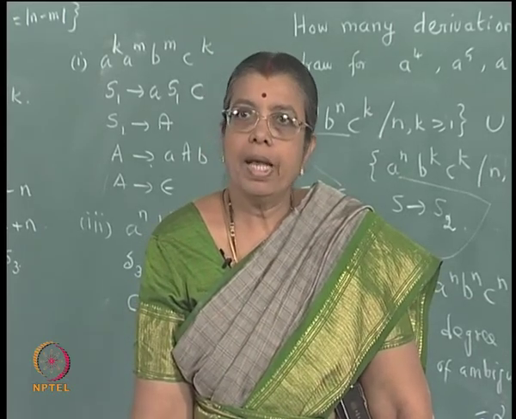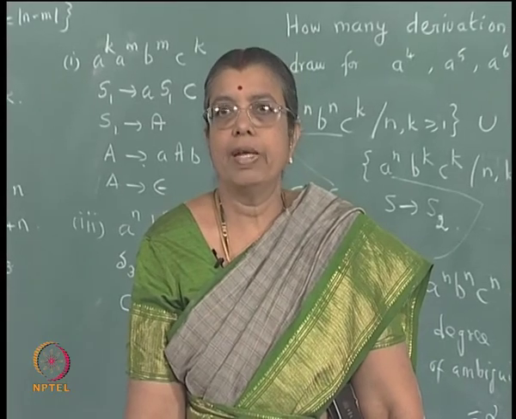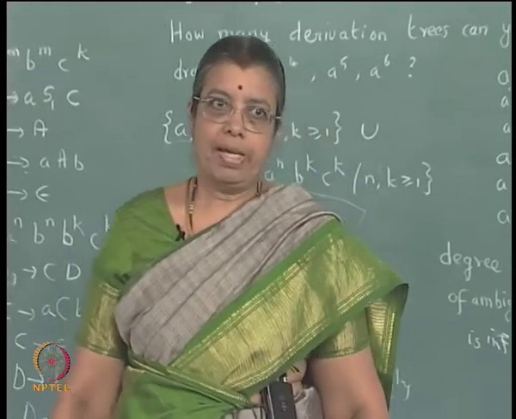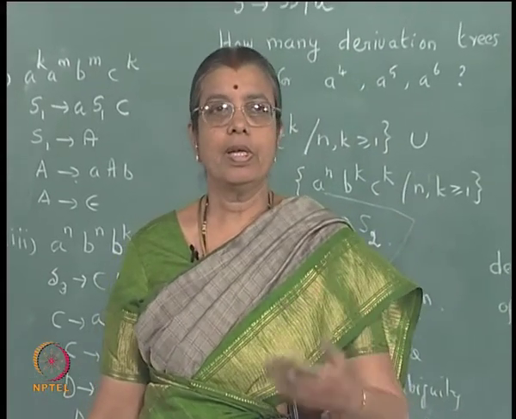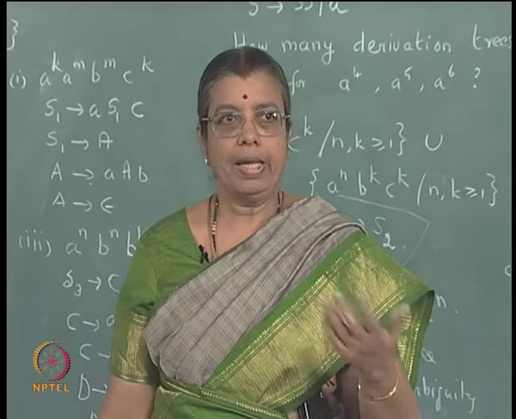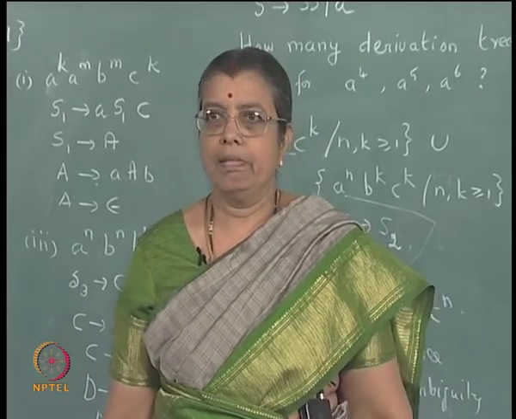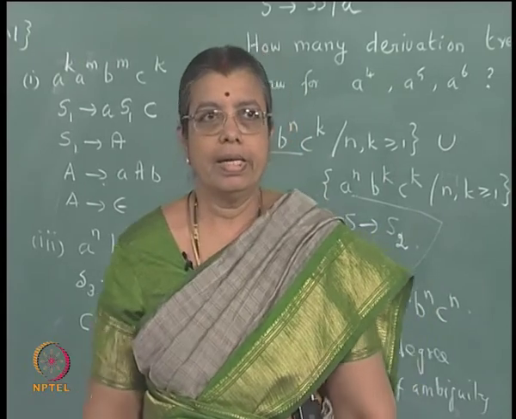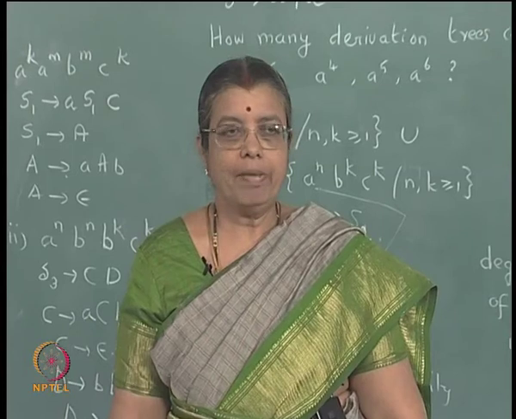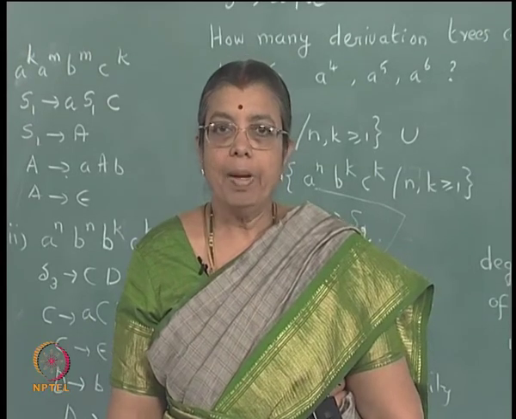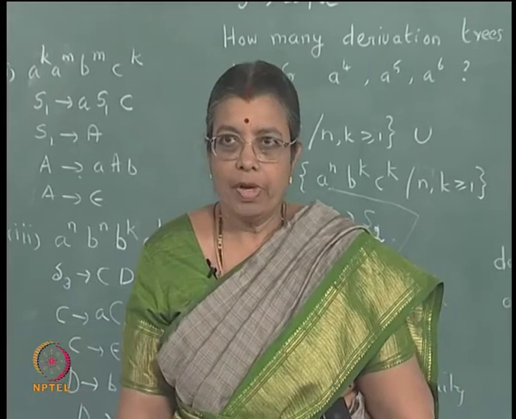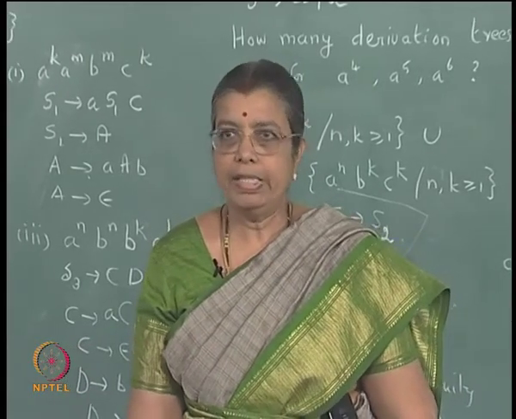So, in Greibach normal form, we did that. When we wanted to convert a context free grammar into Greibach normal form, we used two lemmas. We kept on replacing something and then again did some substitution and so on. In a similar manner we can do that, but if you remember what we did in Greibach normal form, there were 5 steps.